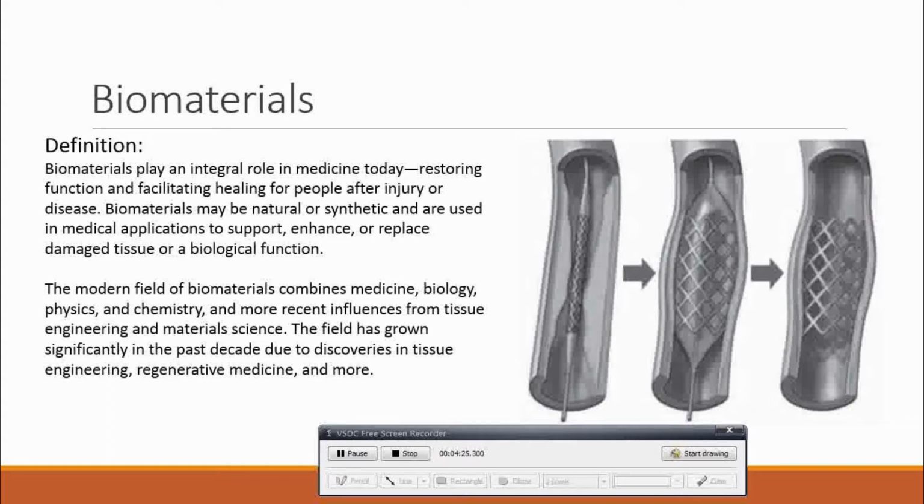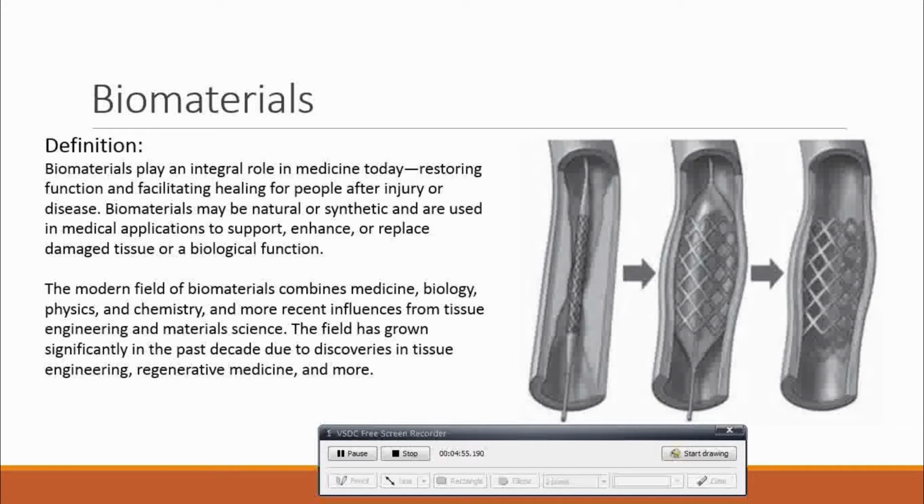Therefore, the biomaterials engineers under the clinical engineers will do all sorts of tests, and mainly they will try to replace the biological function of the damaged tissue, so that the materials implanted inside the human body will have the same properties as the original damaged tissue.